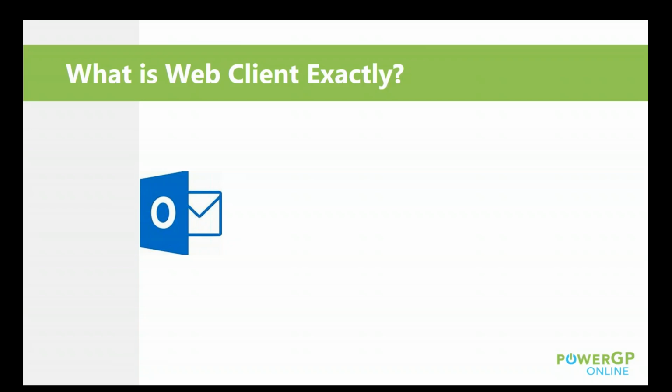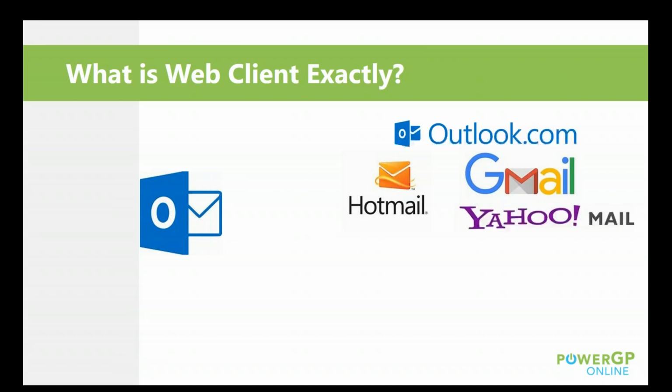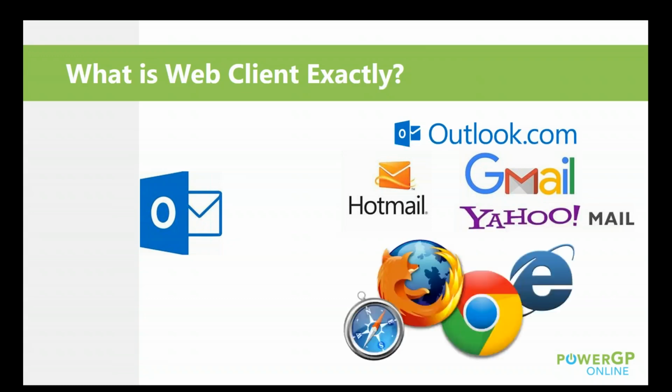Now, that is very different than perhaps some other emails that we use, that we actually will go into a browser and we'll access in a browser like Gmail or Hotmail or even Outlook.com. And sometimes Outlook, we go directly to the web client if you have Office 365.